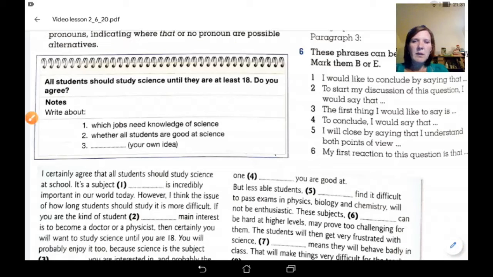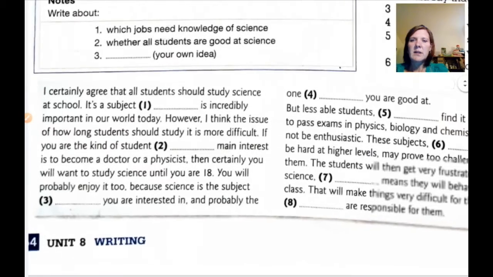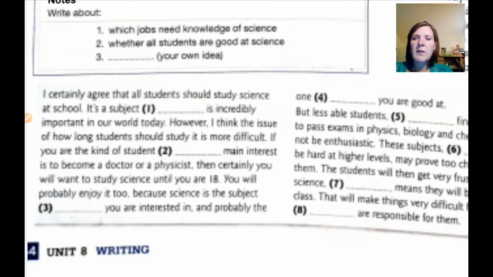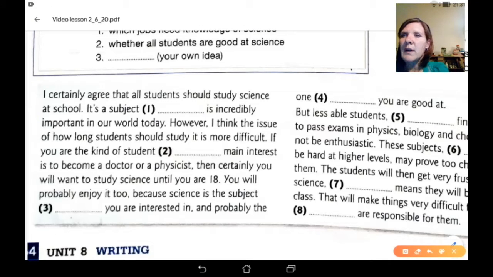All right, so let's have a look then at these answers that you should have had. So first of all, oops, the screen is a bit blurry. Okay, so what you should have had in the first place, it's a subject, pen isn't writing, which is incredibly important. Obviously here, you could also use that because we're speaking about a defining clause, okay?